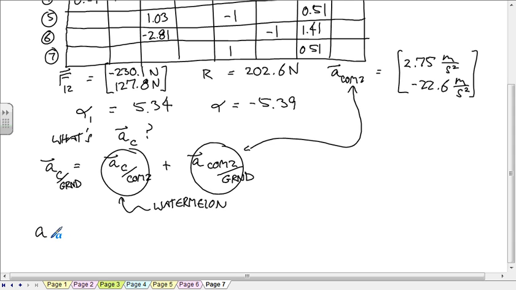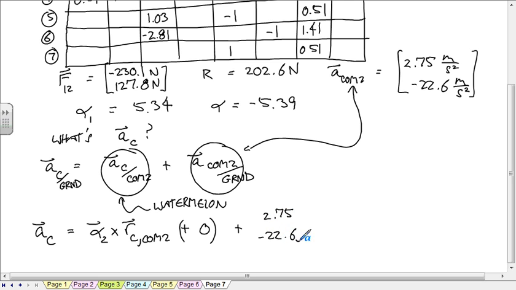So the acceleration of C is equal to alpha 2 crossed with the r vector to the point C from the center of mass of 2, plus 0, because we don't have any angular velocities in this case. Plus 2.75, negative 22.6.